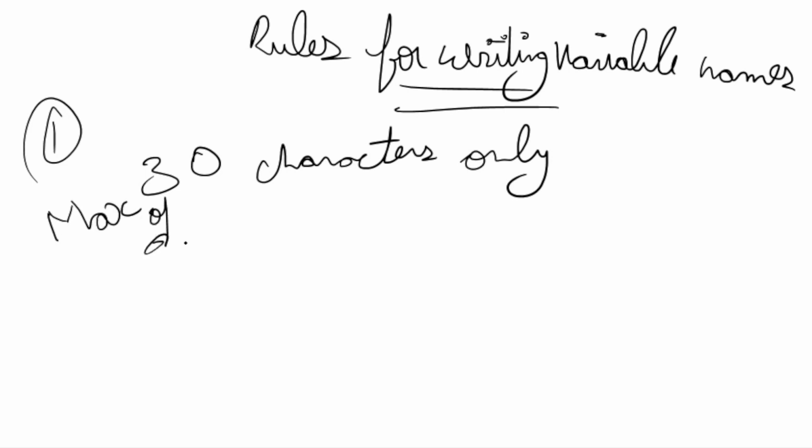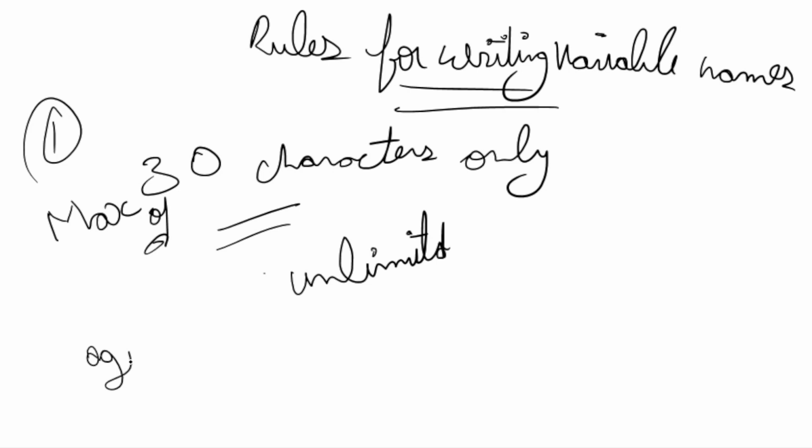If you think of this as the variable length, it is not; the variable length is unlimited, but only the first 30 characters are significant. For example, age, and also you can use underscore, not any other symbol but only underscore, like name_age. So it is max up to 30 characters only.